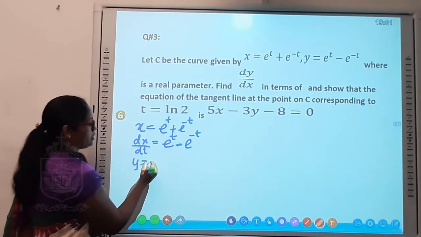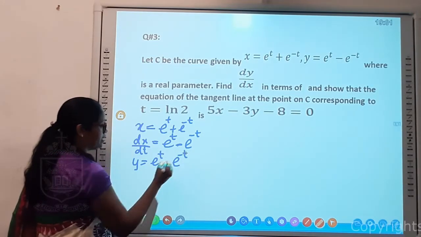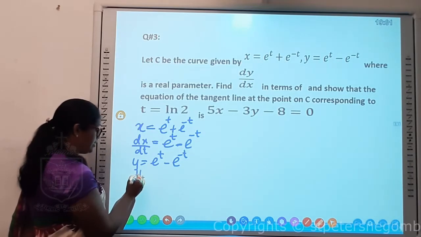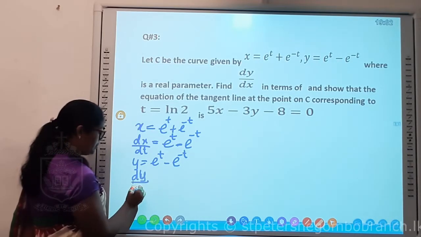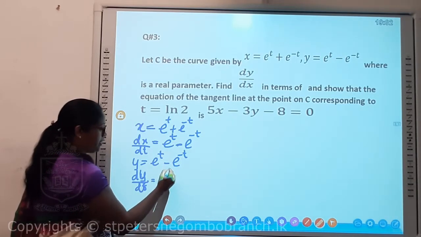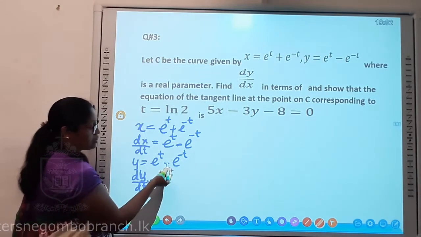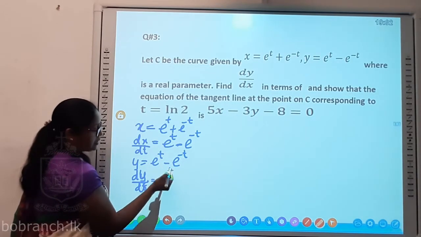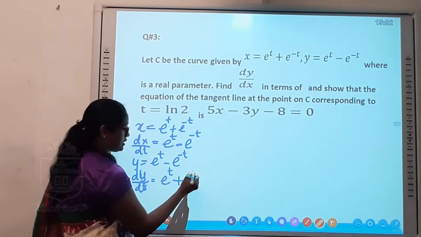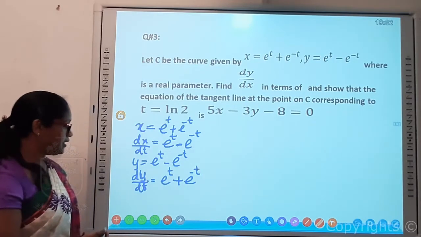Y is equal to e to the power t minus e to the power minus t. Now we'll differentiate this one also with respect to t. So dy over dt is equal to, the derivative will be the same, e^t, and once we differentiate the power, a minus comes out, so that minus and this minus become plus, and then e^(-t). Okay, now we found dx over dt and dy over dt.